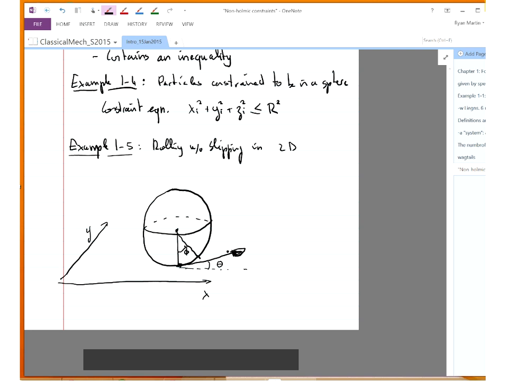The ball is moving along this path that the vector shows, and a distance along that path, let's call that ds. A distance in the direction ds is going to be equal to r d phi.